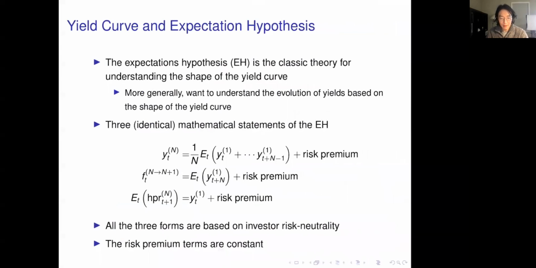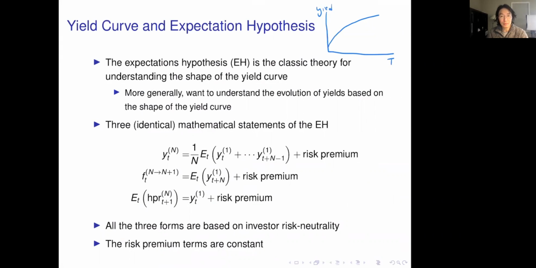Okay. Now we will talk about the expectations hypothesis. The expectations hypothesis is the classic theory for understanding the shape of the yield curve. In other words, if you look at the yield curve, or the collection of the yields over maturities, what does it tell us about the future yield expectations?